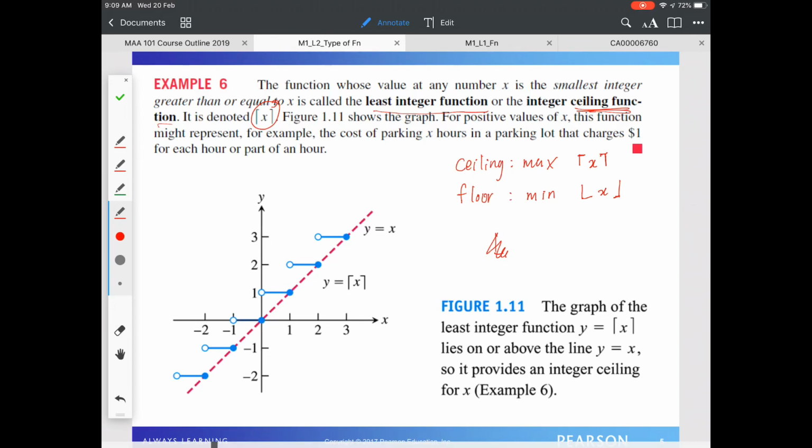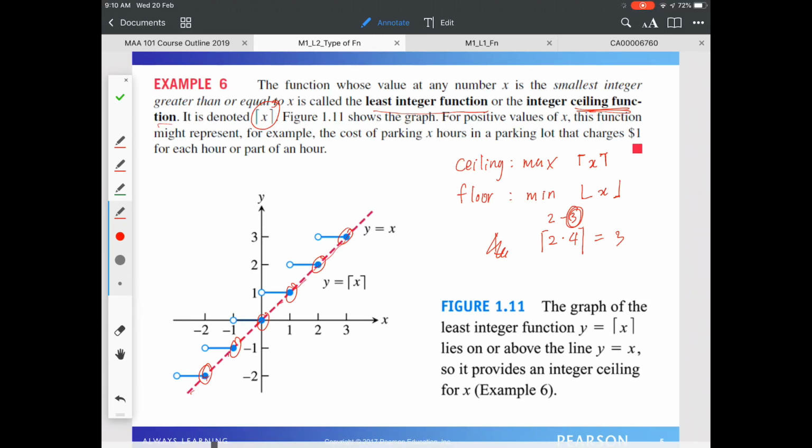For instance, in the case of 2.4, if we want the ceiling, the maximum integer, 2.4 is between 2 and 3, so it will be the maximum. So we take 3. If we are taking the supremum value, you can plot this as a step function for the integer ceiling function.